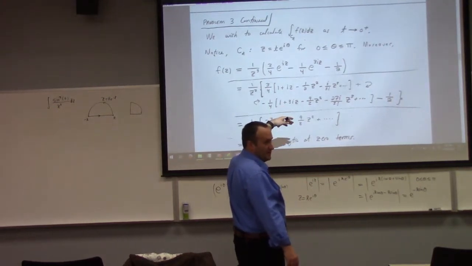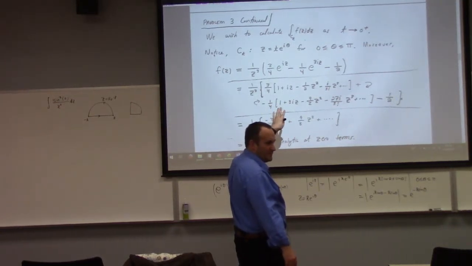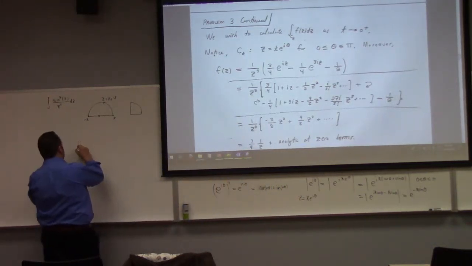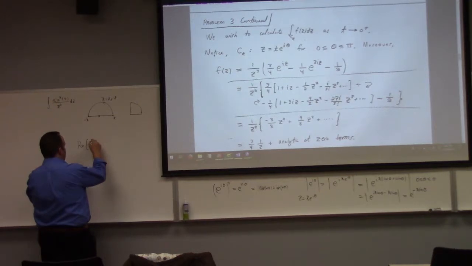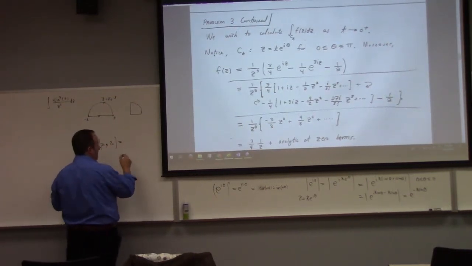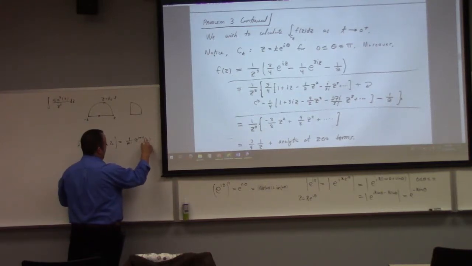What do we have to do? 1 over 2 factorial, f double prime, evaluated at 0, right? The residue formula. What's the residue if we have g of z over z minus z naught to the m? What did we say that the residue of that was at z naught? Now I'm a little rusty, guys, but I think it was 1 over m minus 1 factorial, the m minus 1th derivative at z naught of g.